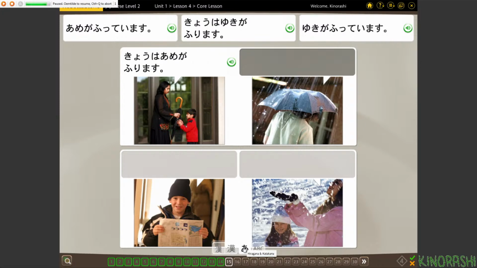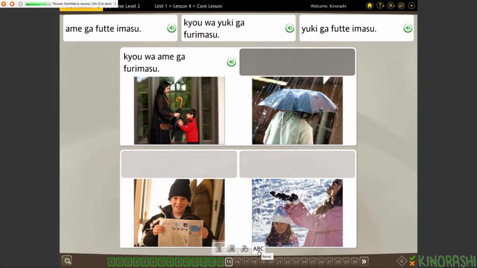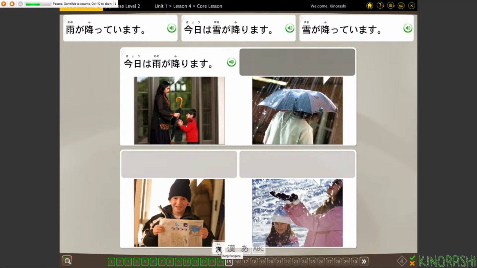今日は雨が降ります。And if I'm not mistaken, they're using the indicative polite form of fute now. We can look that up.